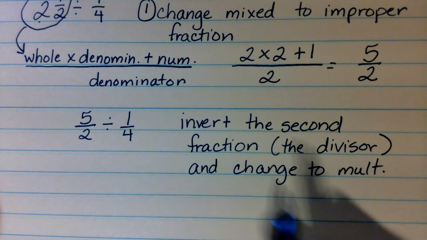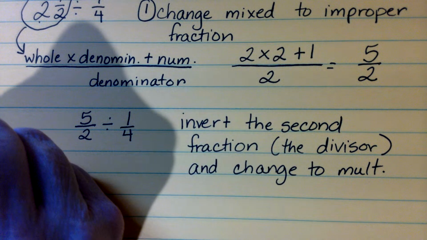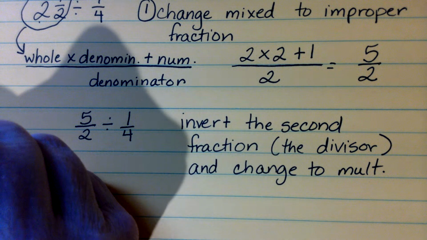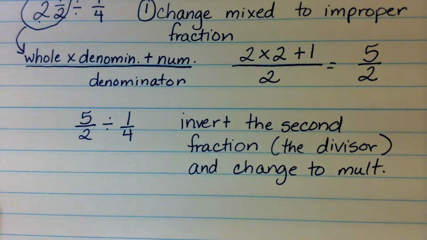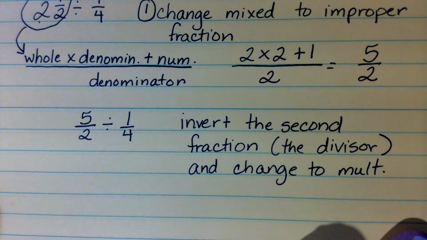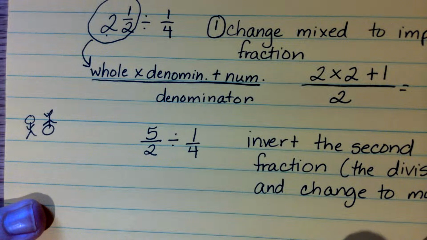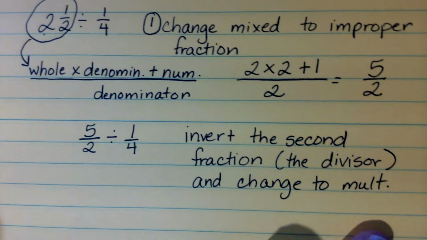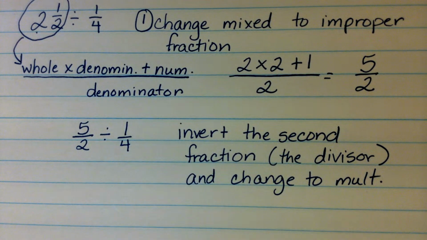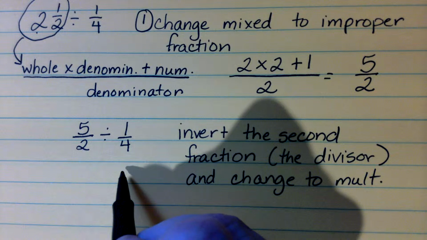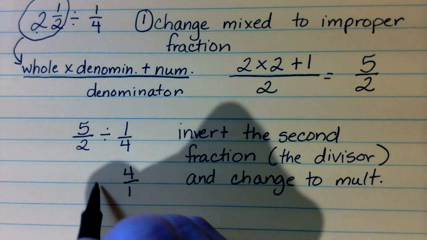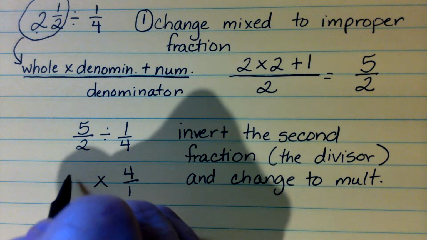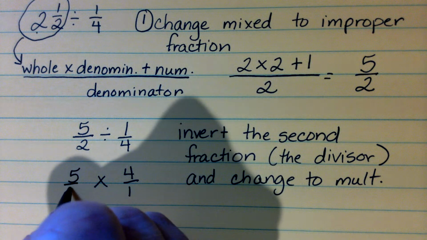You have to remember that the word invert means that we're going to flip it upside down. If we invert, we're going to flip it upside down. So we're going to take 1/4 and invert it to 4 over 1. And our division sign now becomes a multiplication sign, and we still have 5 halves.